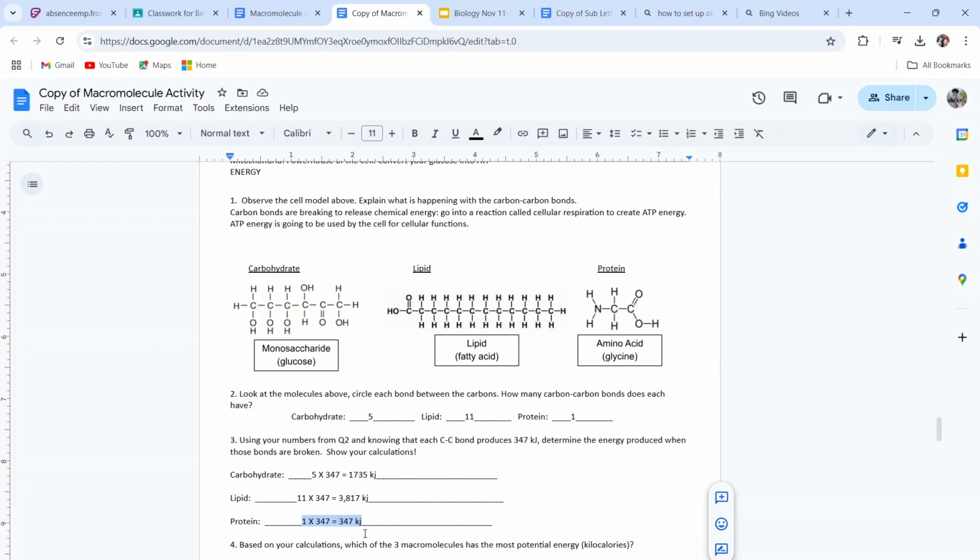Your proteins are not a main source. Your proteins are supposed to be repairing that damaged tissue, but if absolutely necessary for survival, the body will use it, but it's not meant to, okay? Your carbohydrates are your main source of quick energy.